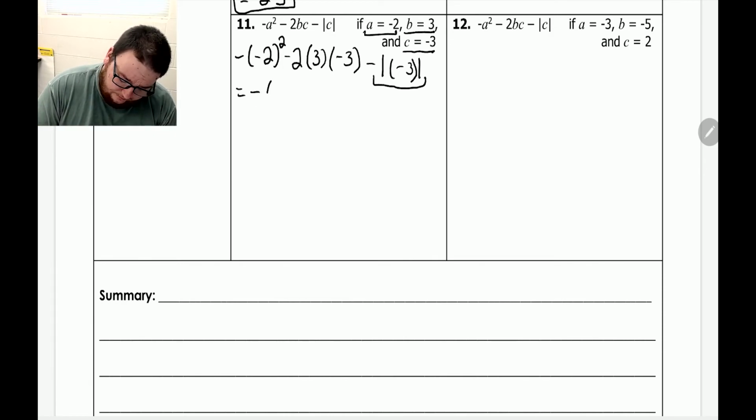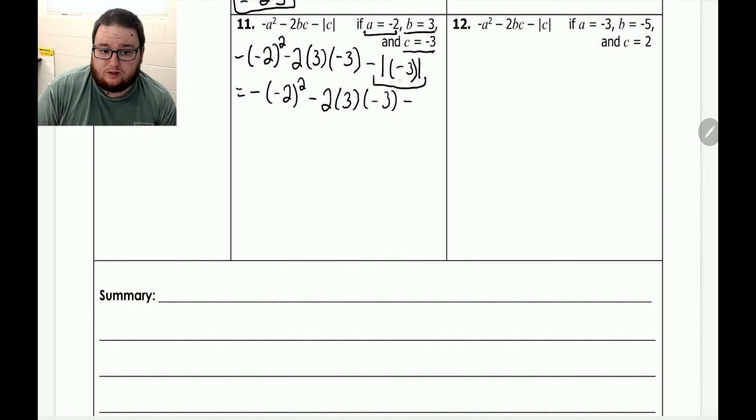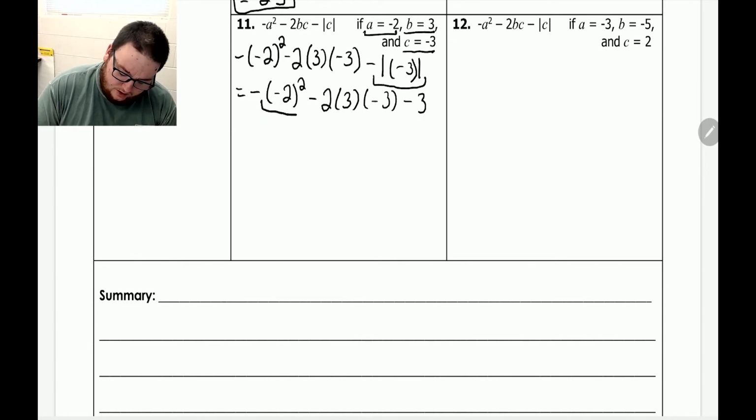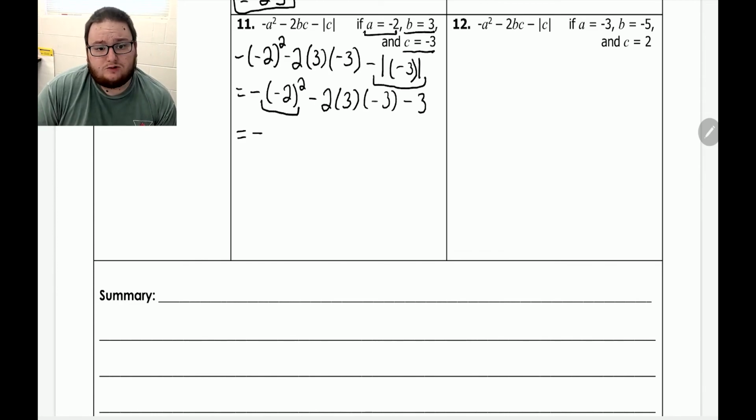We have negative 2 squared minus 2 times 3 times negative 3 minus the absolute value of negative 3, you should know from last time, which is just 3. And now we move on to exponents. We have one set, it's negative 2 squared. So we have negative 2 squared is negative 2 multiplied by negative 2, and that gives us a positive 4.